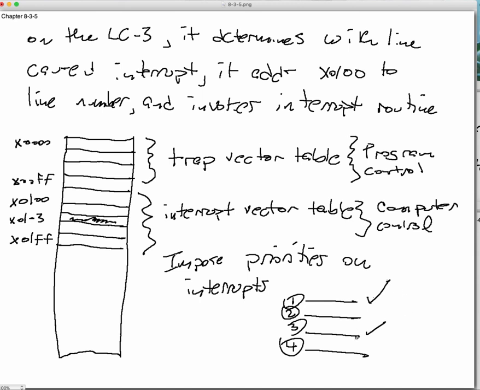And you can see poor interrupt 3 is sitting here and it's never getting serviced. Depending upon the situation, that may be okay. The point I'm trying to make is that it's very important how you impose your priorities on the interrupts. How you order these lines is very important, because it could be the case that there may be interrupts with very low priority that we could never get to. That's very doubtful, but it is possible.